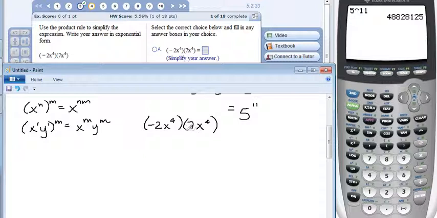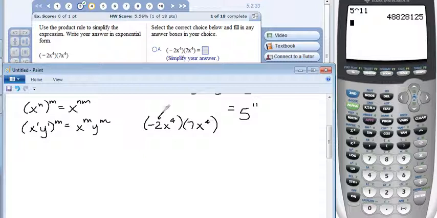Here we have a 1 on the outside, so we are using this rule. We're raising to a power and multiplying, but since it's a 1 on the outside, it doesn't really affect anything. So now we say it's negative 2x to the 4th times 7x to the 4th. I can combine my multiplication.